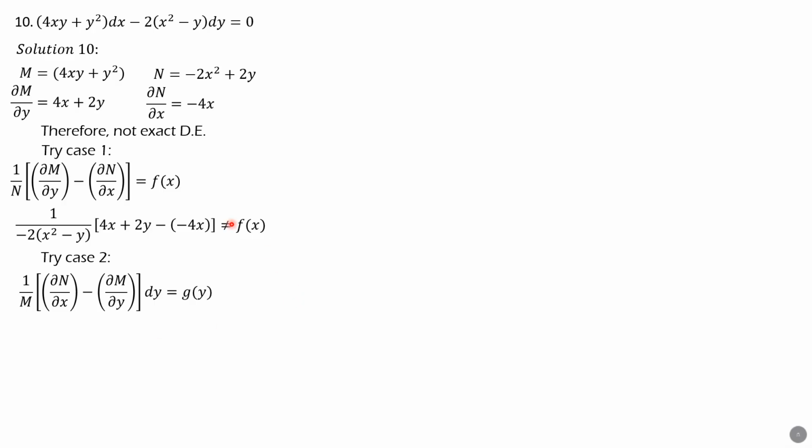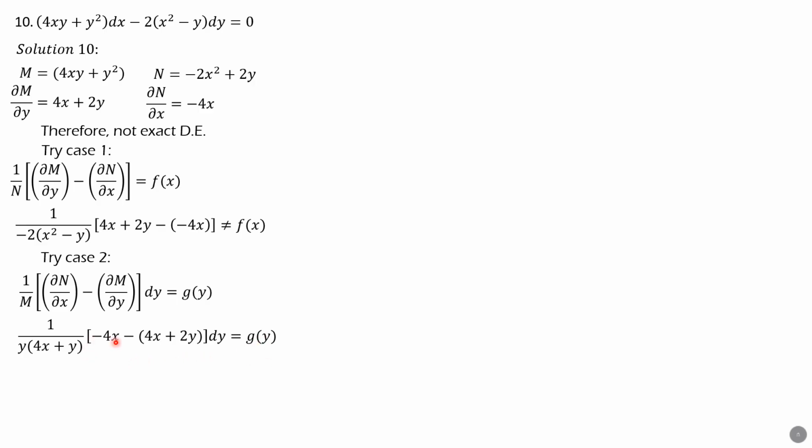So 1 over M is equal to this quantity 4x plus y, then times the quantity negative 4x minus the quantity 4x plus 2y, then dy equals, if it is indeed g of y. That's not yet the conclusion.